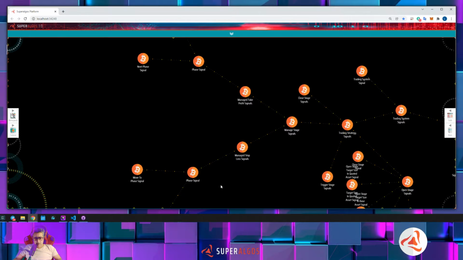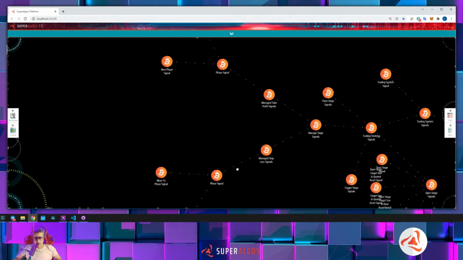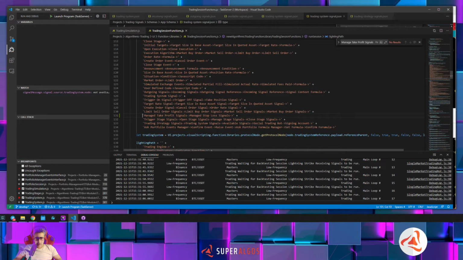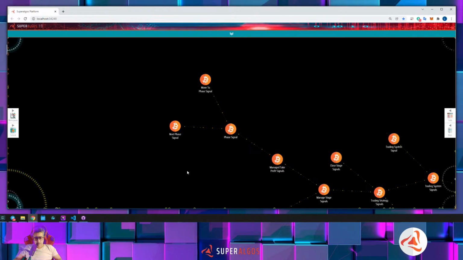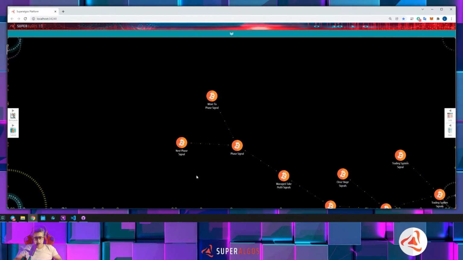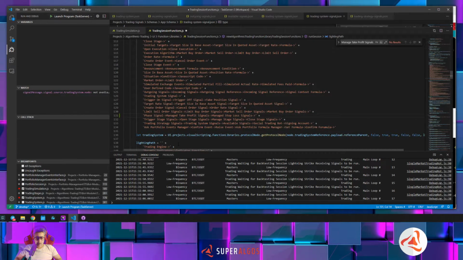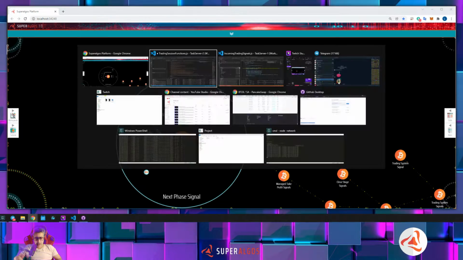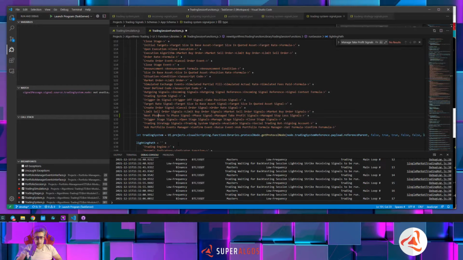So before that comes a phase signal. Okay, so this comes earlier, phase signal, and before this, move to phase signal and next phase signal.